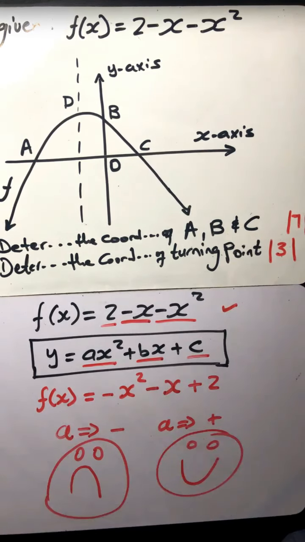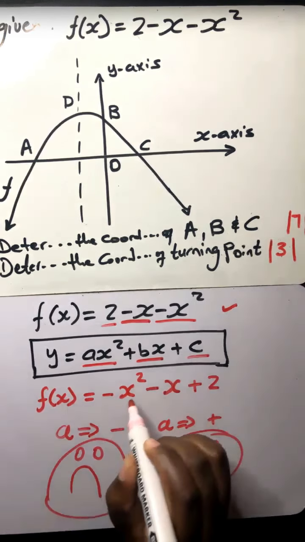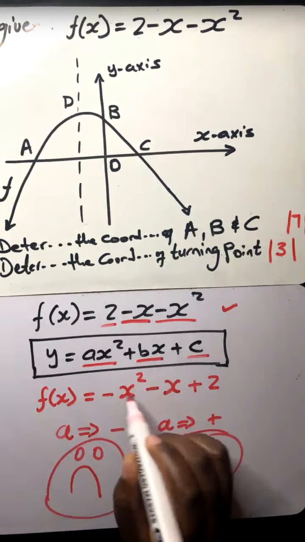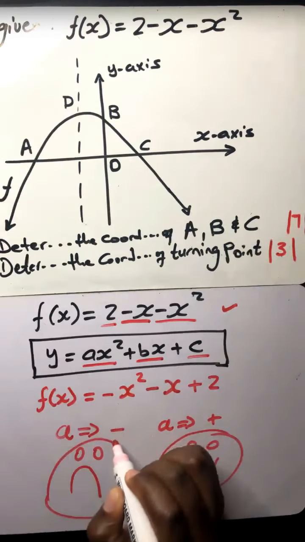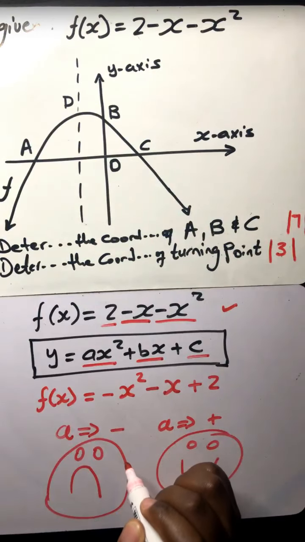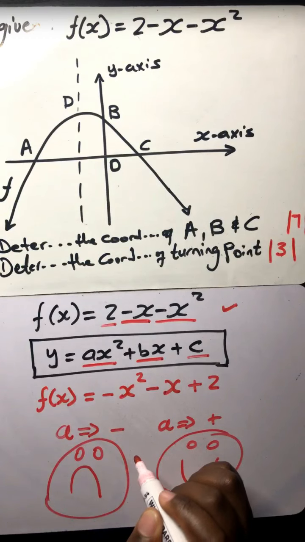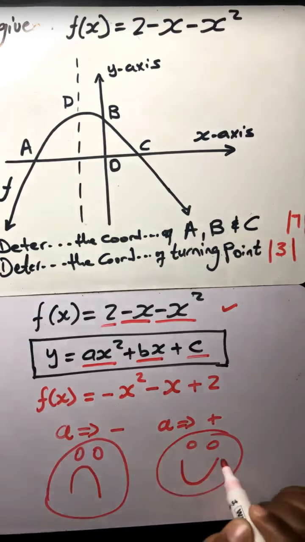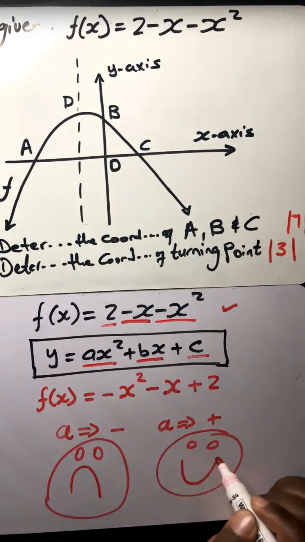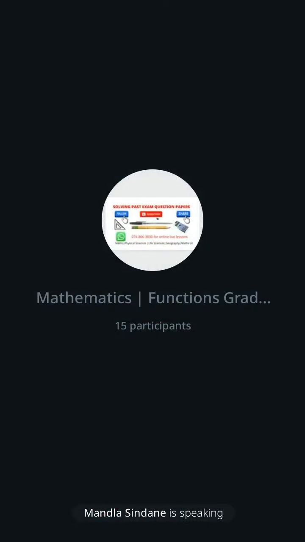So whoever was speaking, not necessarily our x value, but we say our a value, it's negative. And what is the value of a? Negative 1. 100%.